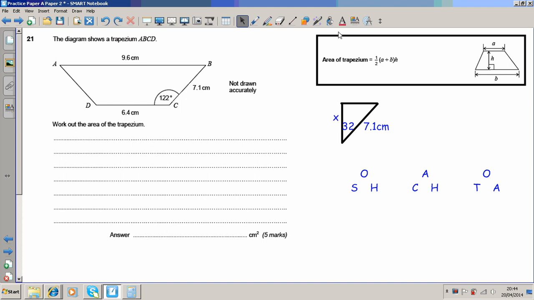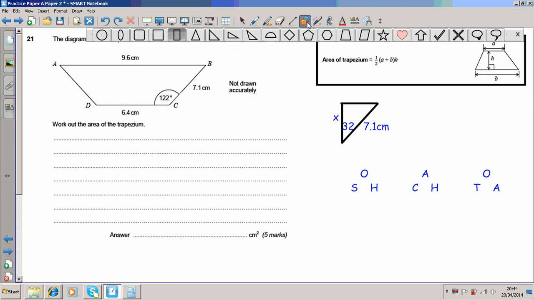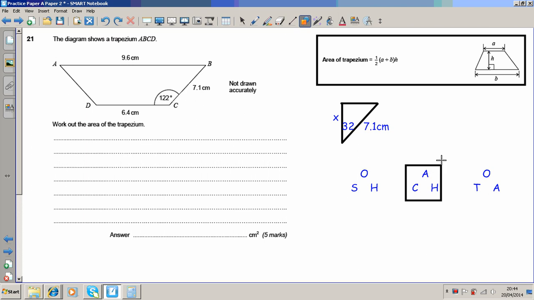So to do that, we're going to use a bit of trigonometry. Which one is it? Well, if there's our angle, we know the hypotenuse, we want the adjacent, so we're looking at the cosine, and we want the adjacent, so we're going to do the cosine of the angle times the hypotenuse.